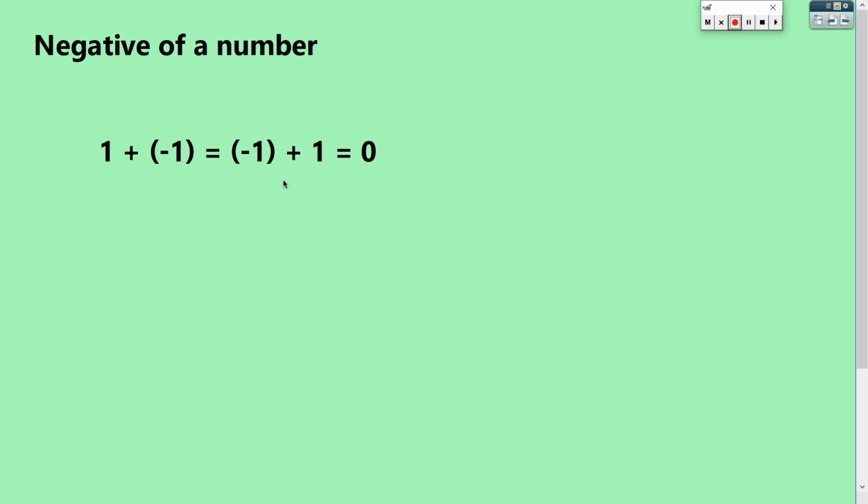What about the negative of negative 1? Yes, it will be 1. Negative of a number is also called additive inverse. So here we can say negative 1 is the additive inverse of 1 or 1 is the additive inverse of negative 1.